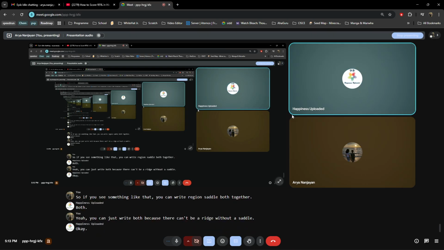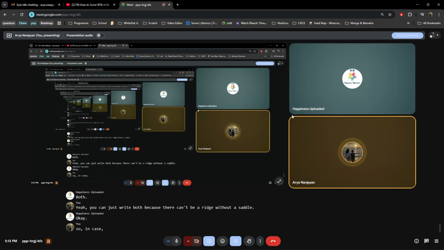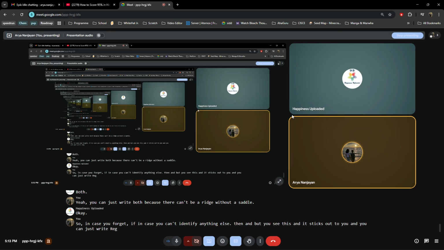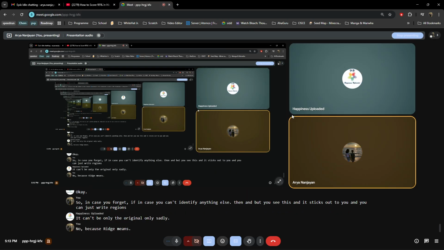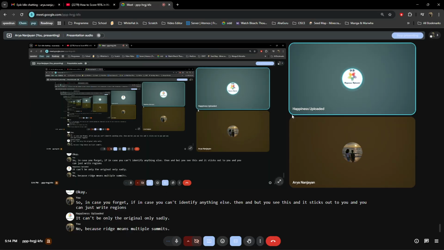So in case you can't identify anything else, but you see this and it sticks out to you, then you can just write ridge and saddle. It can't be only ridge or only saddle, because ridge means multiple summits and saddle is between them.